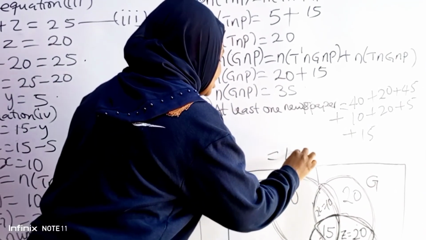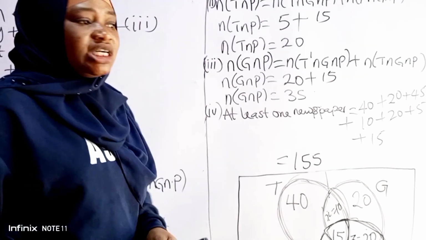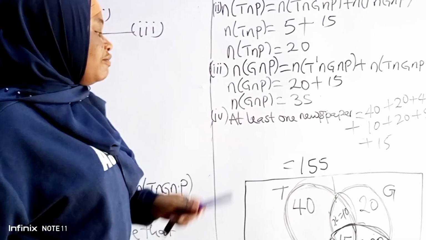So those that apply to at least one newspaper establishment are 155 applicants.